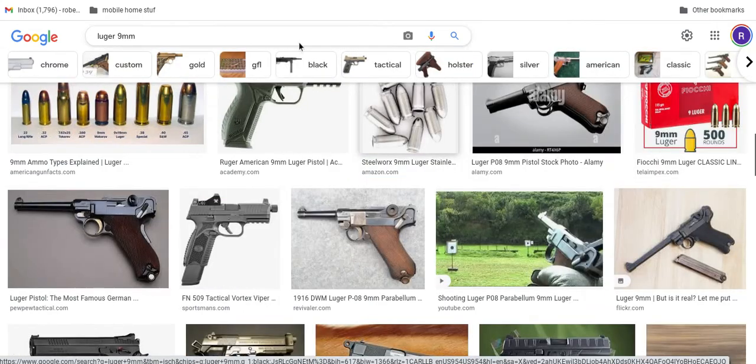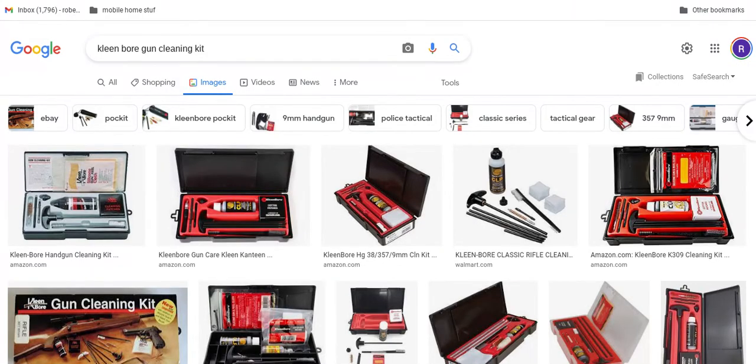And how is the narrative that it was a revolver?